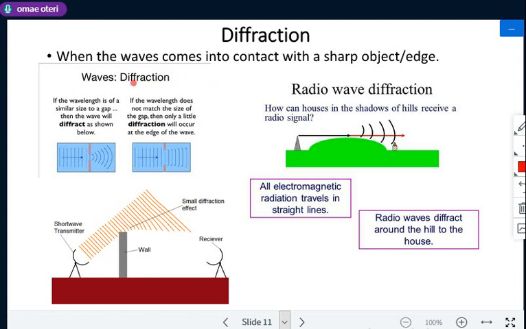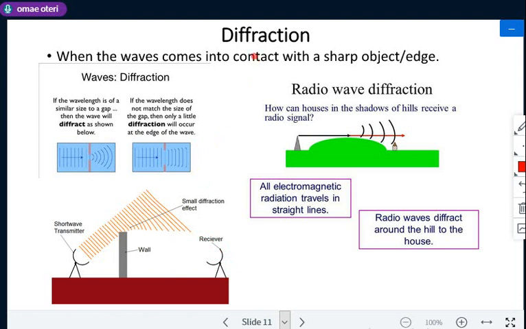You can see what we have here, which I think you did in high school. If you remember, this was with audio. Then also light. If you do something like this for light, it will get diffracted. When it comes out of a small hole like this, it will be diffracted. So you have a wall, then the signal comes and it appears on this side. The receiver is able to get it.